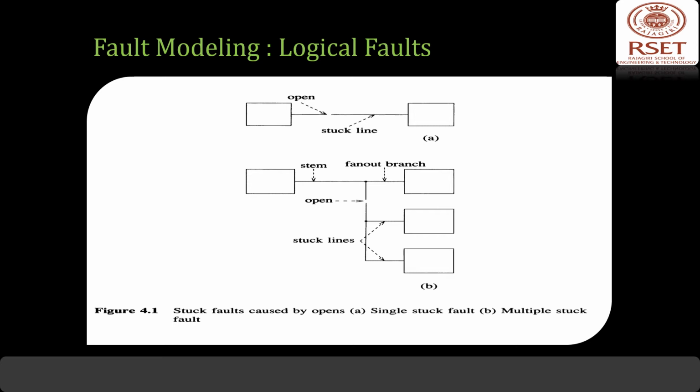This figure depicts stuck faults caused by opens that we discussed in our previous slide. The first picture shows a single stuck fault and the second picture depicts multiple stuck faults. This figure is taken from the reference text, and the text is listed in the reference slide at the end.